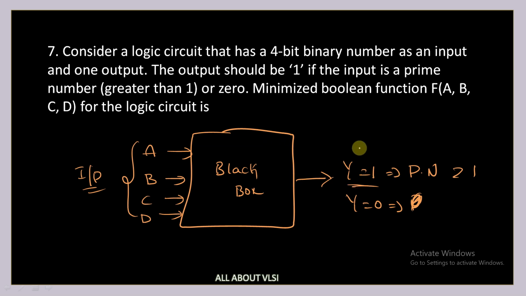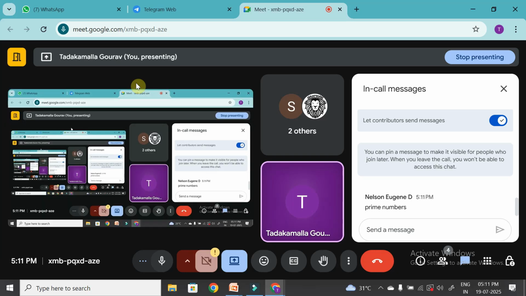Try this one. Take some time and try this one. What is your approach? What are you going to do in this question? Yeah, prime numbers only, but how we are going to get our equation for output?